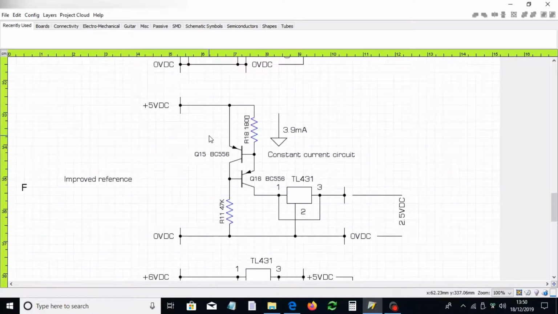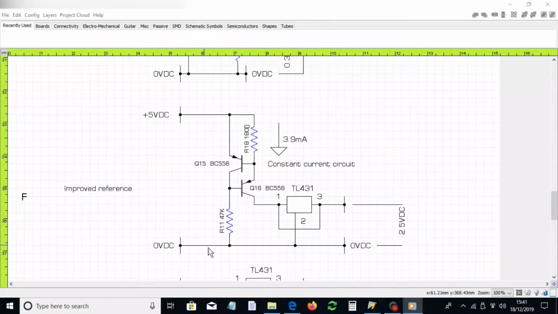You can actually do it with an FET, but you're up against the source to gate voltage being quite high, and obviously if I want to drop this voltage down to a low voltage, that's a disadvantage. So I stuck with the BC556 PNP dual transistor configuration here.